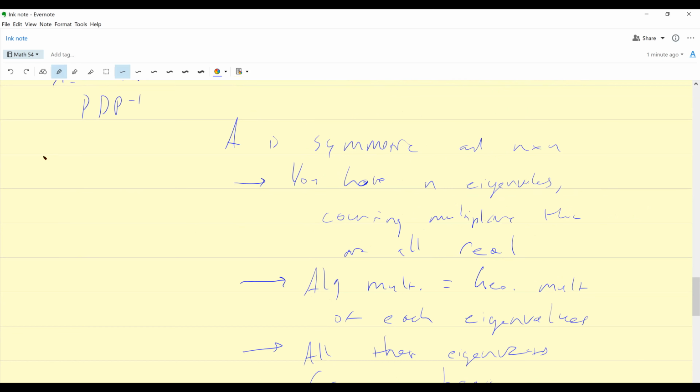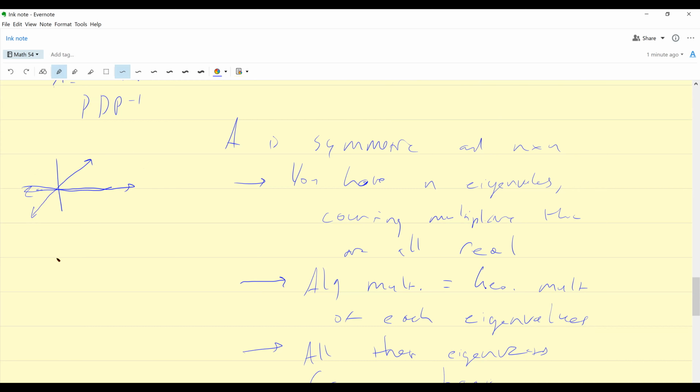So let's say A wasn't symmetric and we had some eigenspaces that form some basis. Let's say we have a matrix where the x-axis is an eigenspace, and then the line y equals x is an eigenspace.